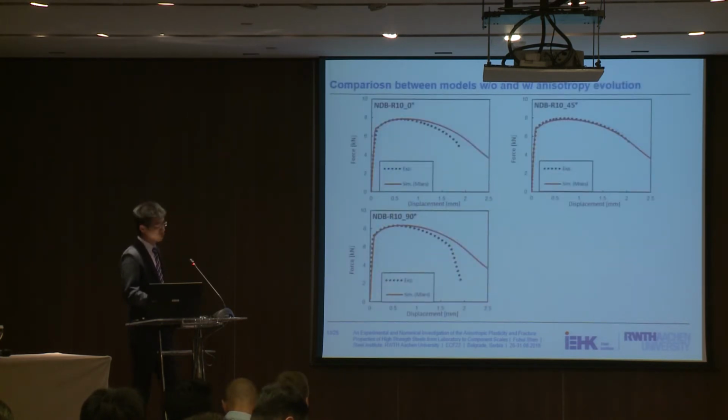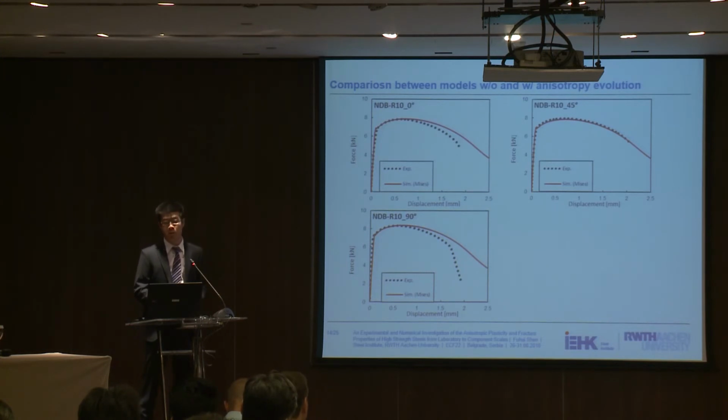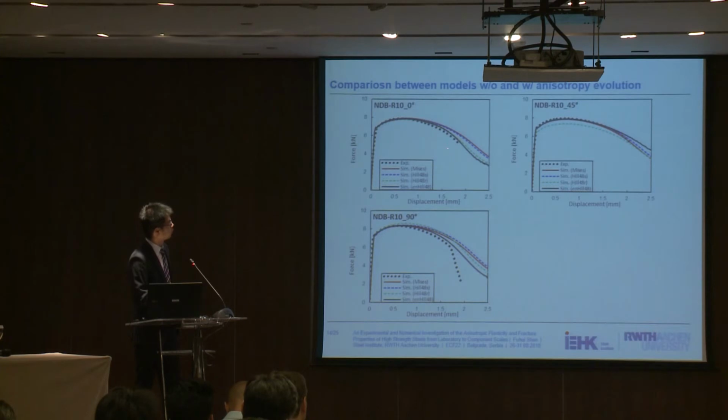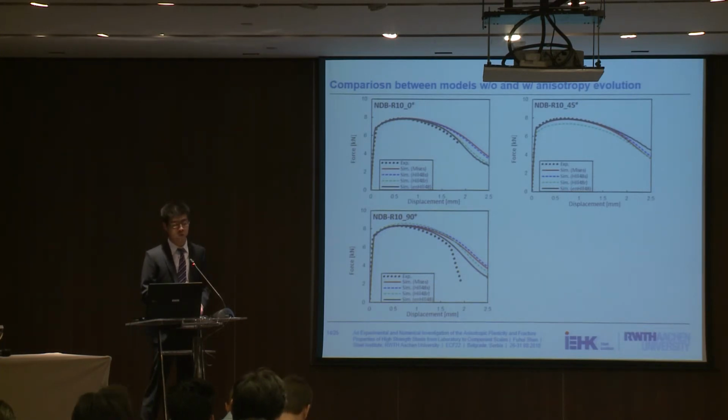Then we want to compare the simulation results between different plasticity models to check their validity. We start with the isotropic Mises one, and then some results for the anisotropic conventional Hill model. And finally, we also run a simulation with our new model, the Hill 48 model.